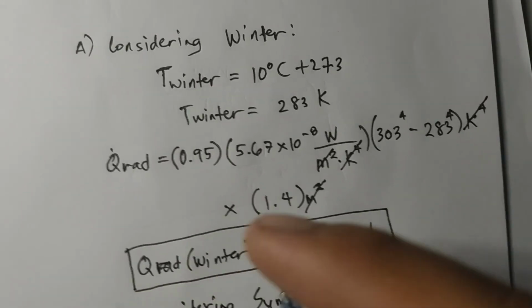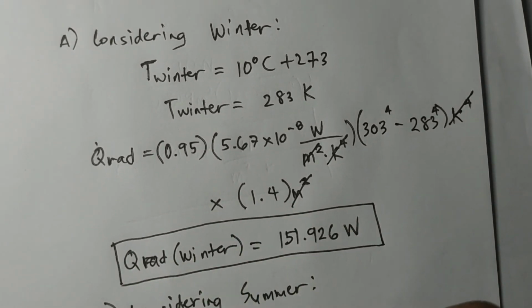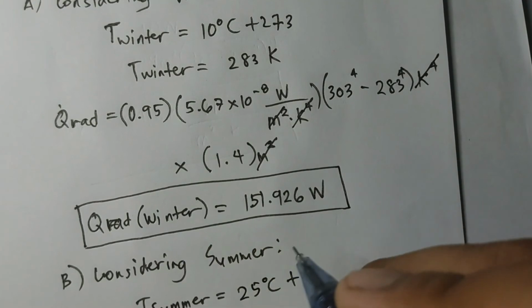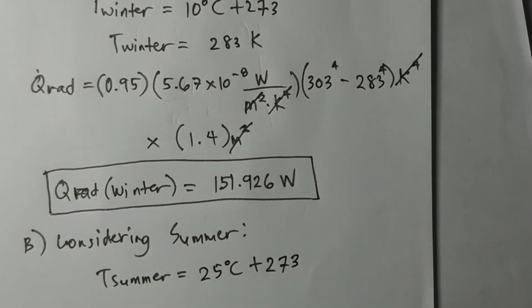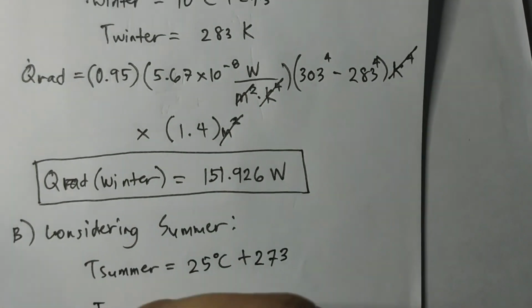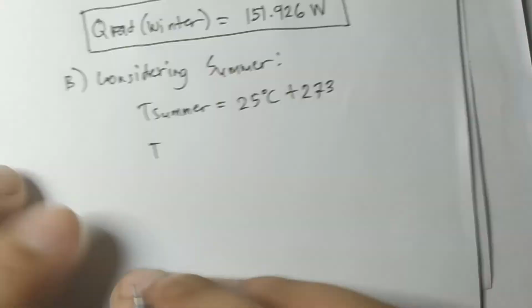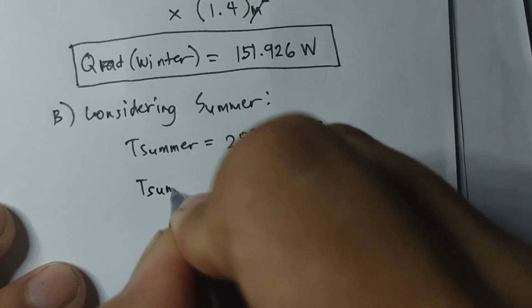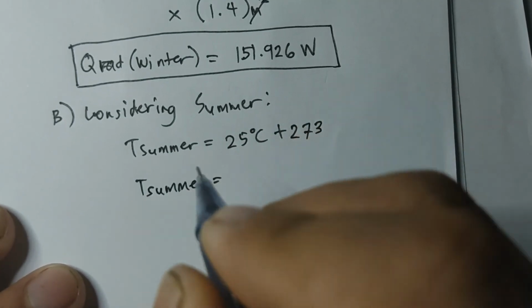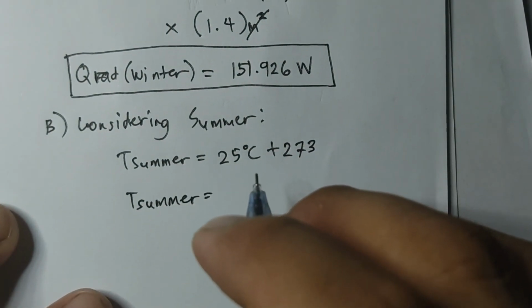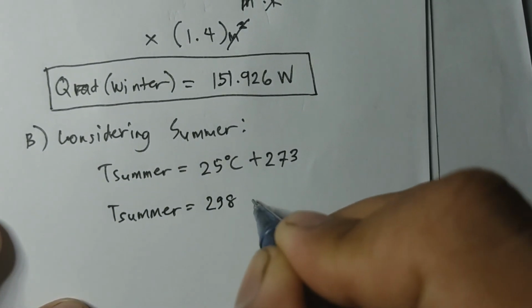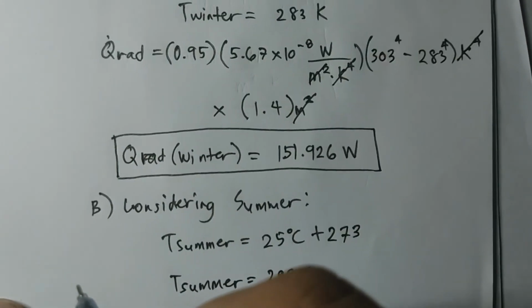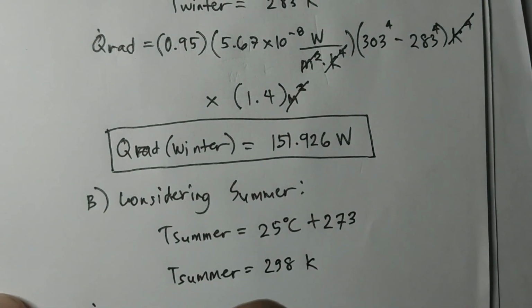Gawin natin absolute. So, 25 degrees Celsius plus 273. Makuha natin ang T-summer, 298 Kelvin.